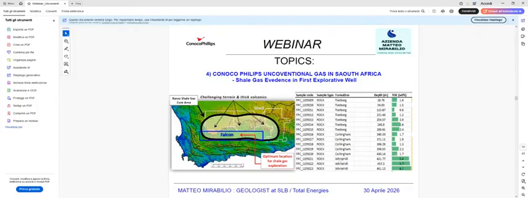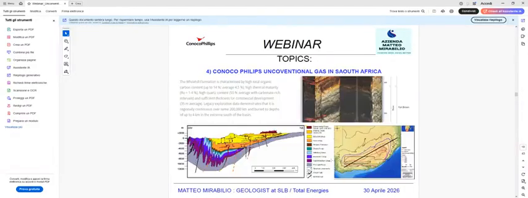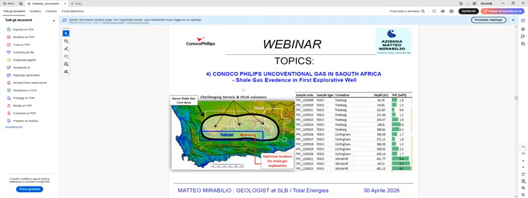TOC really increases in the Whitehill Formation. The Whitehill Formation is the carbonate formation that I described to you in the past, with the TOC up to around 40%, measured at around 5%. So the Whitehill Formation is recovered starting from 420 meters.